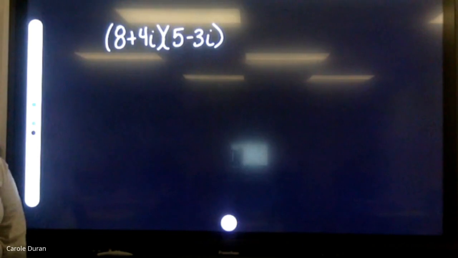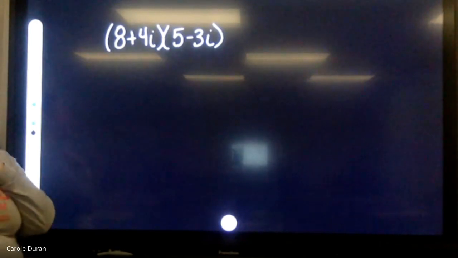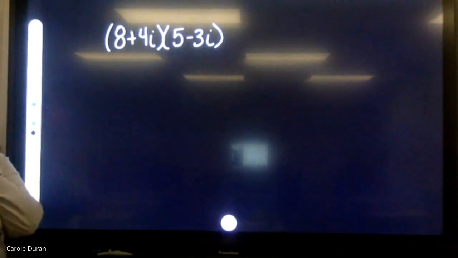I notice here that I have a binomial times a binomial, which means I'm going to have to do what to multiply this out? FOIL. Okay? That was what again? First, outside, inside, last.